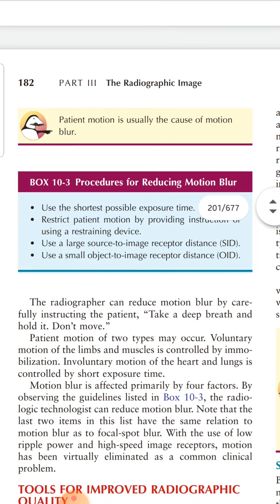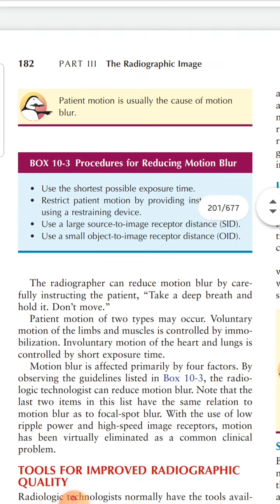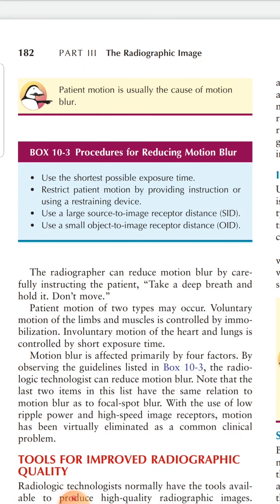So by keeping the SID large and the OID small, you can not only avoid motion blur, but you can also avoid focal blur. The radiographer can reduce motion blur by carefully instructing the patient: take a deep breath and hold it, don't move. This is the instruction that you give to a patient when you are doing a chest X-ray.